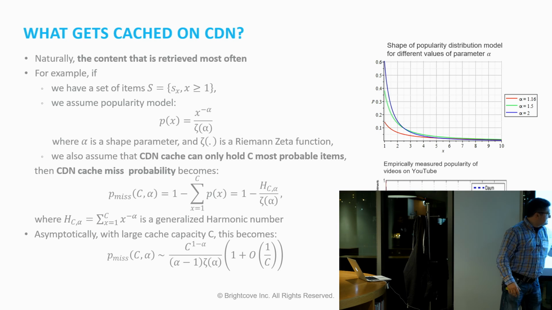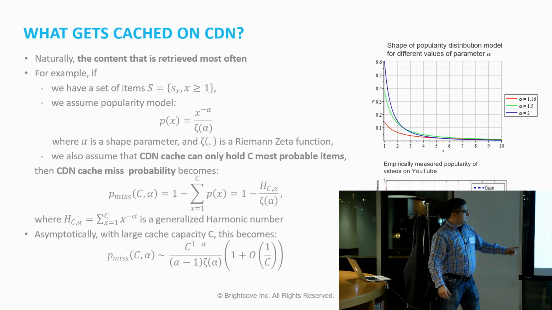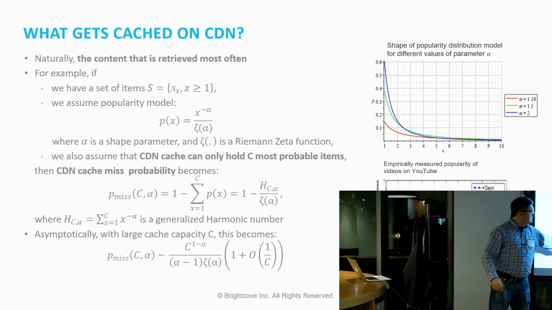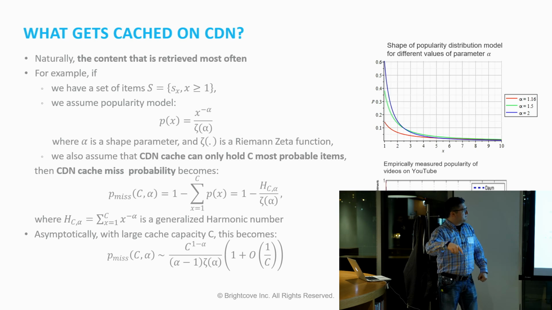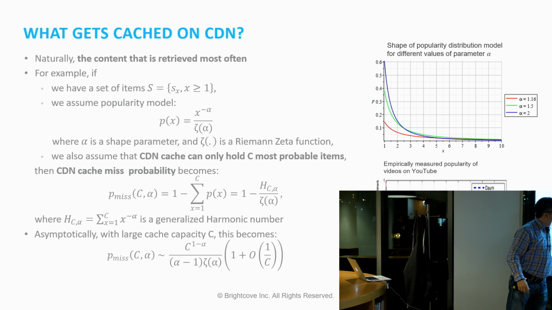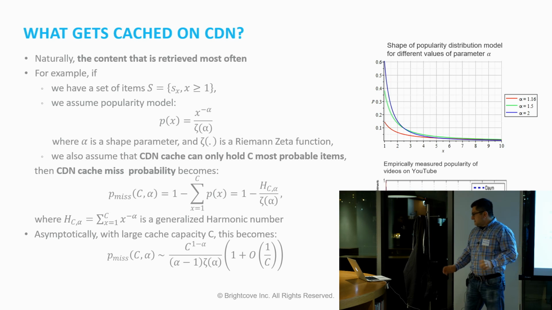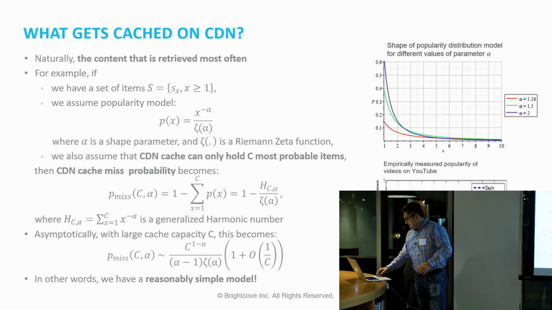It basically says that the probability of a miss is going to be inversely proportional to the capacity of this cache with a certain power factor, divided by a function of the parameter of the distribution. Very simple model. It's intuitive. We can work with it.